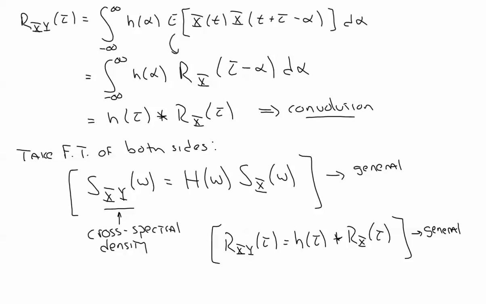Like I said, what we're really trying to get access to is the autocorrelation of the output, and I'm going to need this cross-correlation term to get there. What's the autocorrelation of Y?